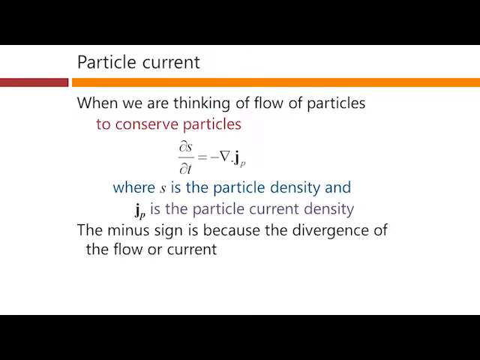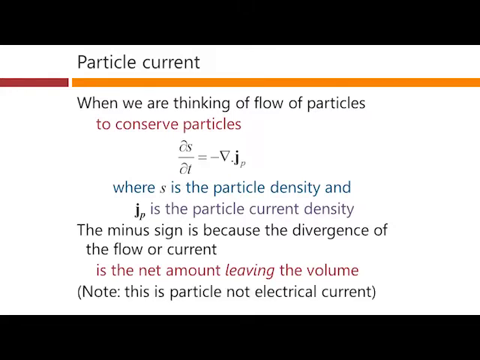So this is, as it were, the number of particles arriving per unit time into the box, and that would lead to a change in the number of particles per unit time. So the time derivative of the particle density is minus the divergence of the particle current density. This is the net amount leaving the box without the minus sign, but with the minus sign we get the amount arriving in the box.